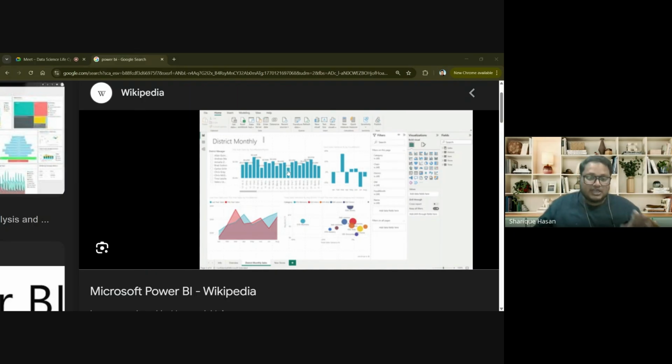That is a live dashboard, and it is really important nowadays. Many companies and many small factories use live dashboard analysis.